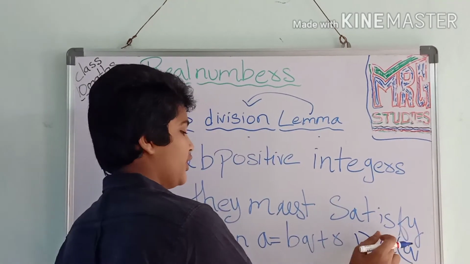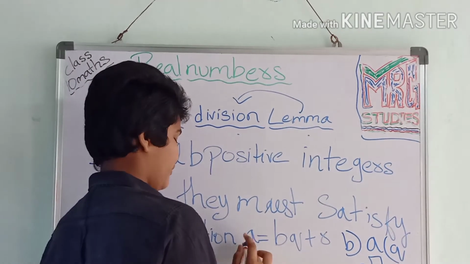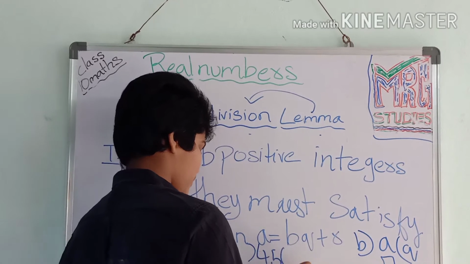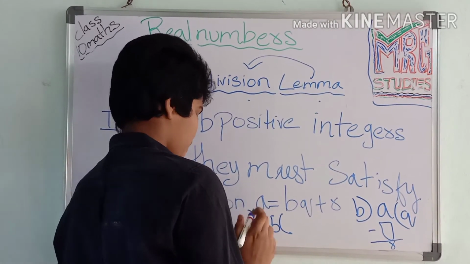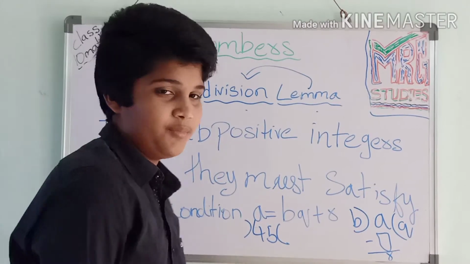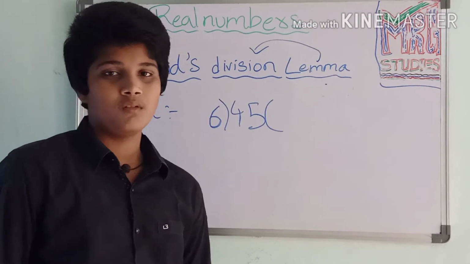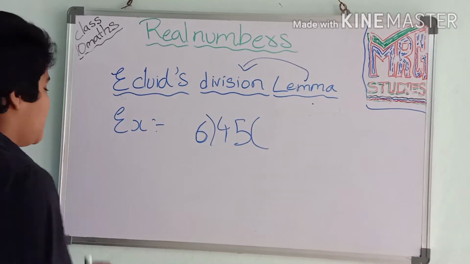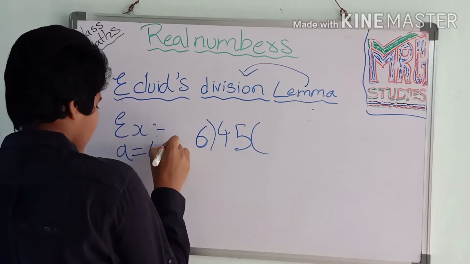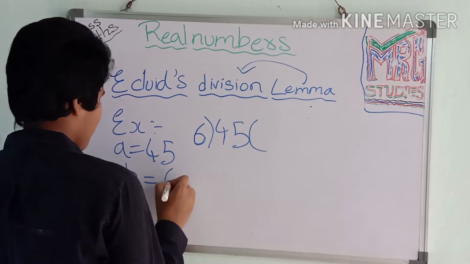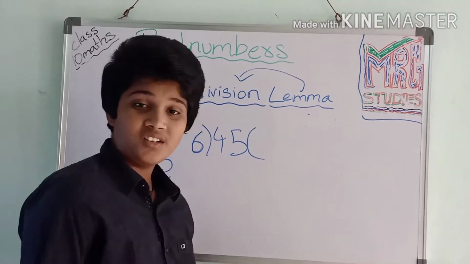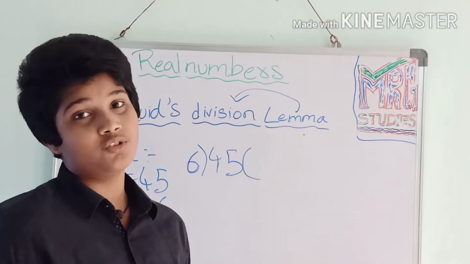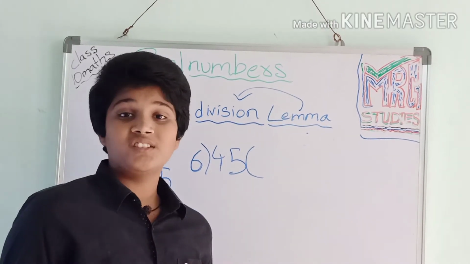I will tell you an example. For example, a equals 45 and b equals 6. Now we do this: 6 ones are 6, 6 twos are 12, 6 threes are 18, 6 fours are 24, 6 fives are 30, 6 sixes are 36, 6 sevens are 42.